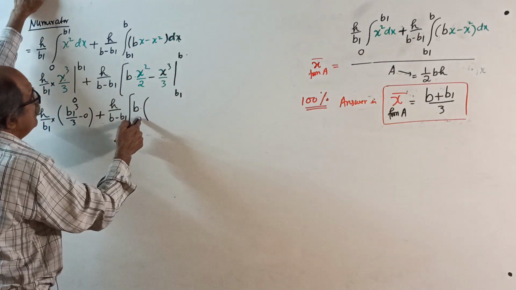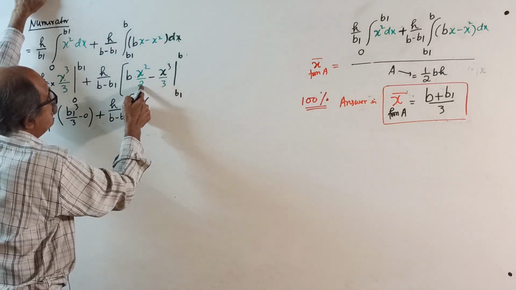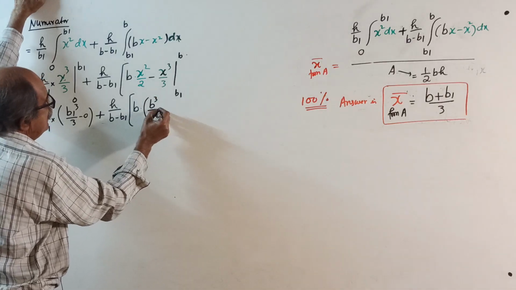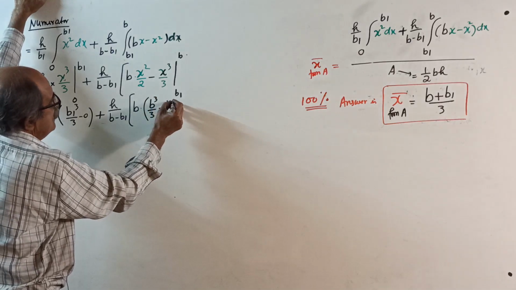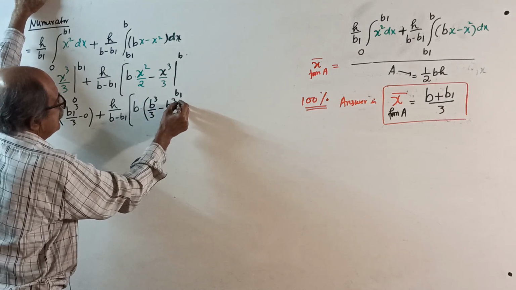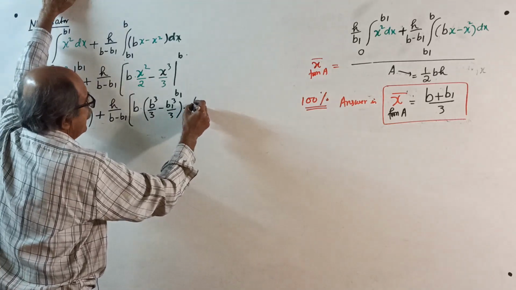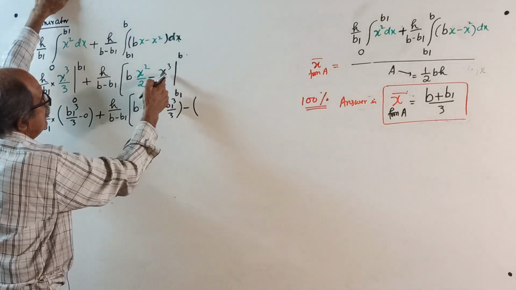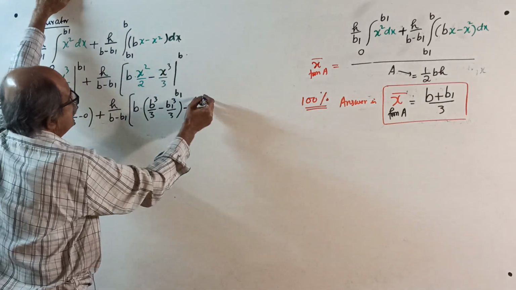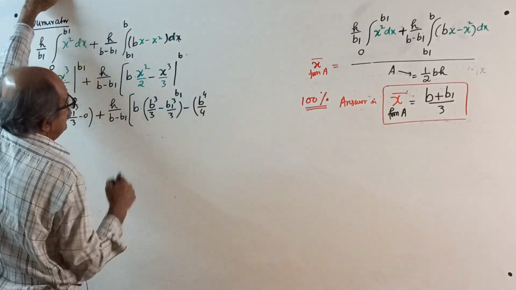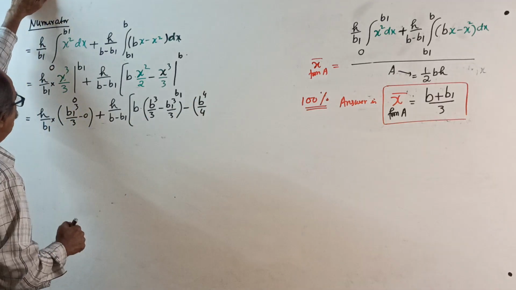X square by 2 will become x cube by 3, that is b cube by 3 minus b1 cube by 3, this term is over, minus again bracket, x cube by 3, upper limit, b power 4 by 4.